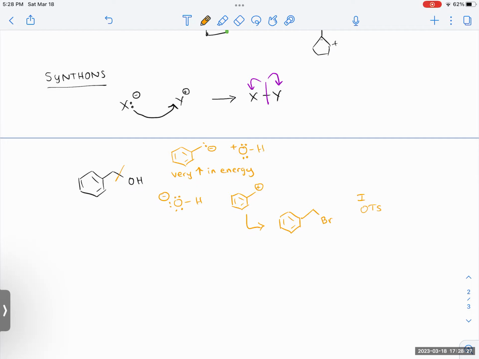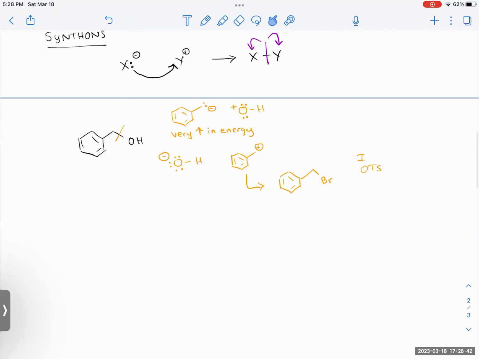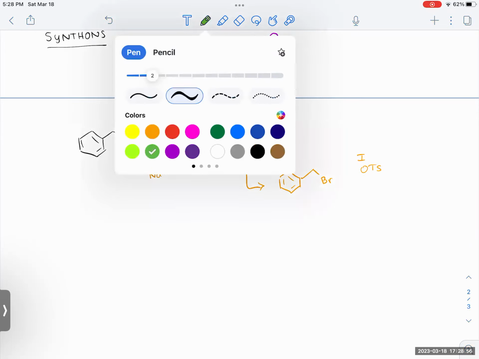It is mentioned occasionally, but those are both good leaving groups, but you could just use a bromine. Oh, and then we can also stabilize this with some positive ion, usually sodium.